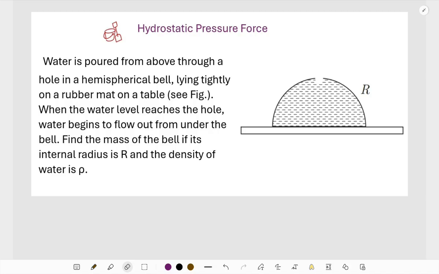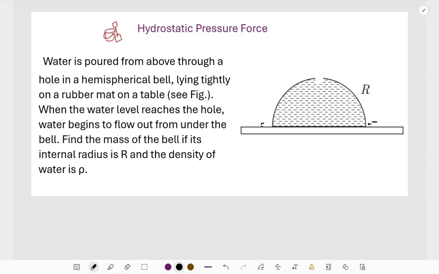Since the bell narrows towards the water, at the moment of consideration, that is when water starts spilling out from here, you can say that the force of water pressure is equal to the sum of the forces of gravity on the bell and the water in it.